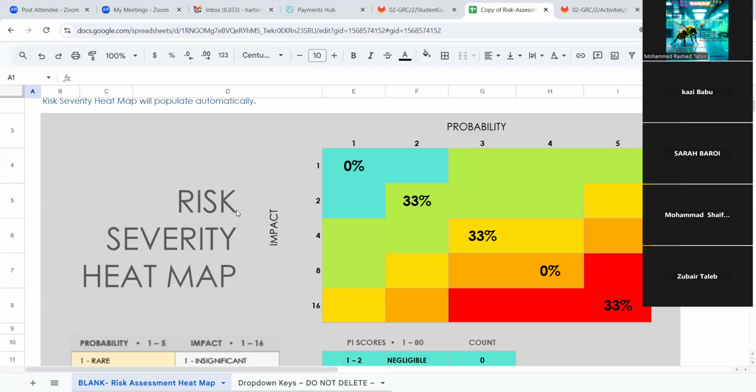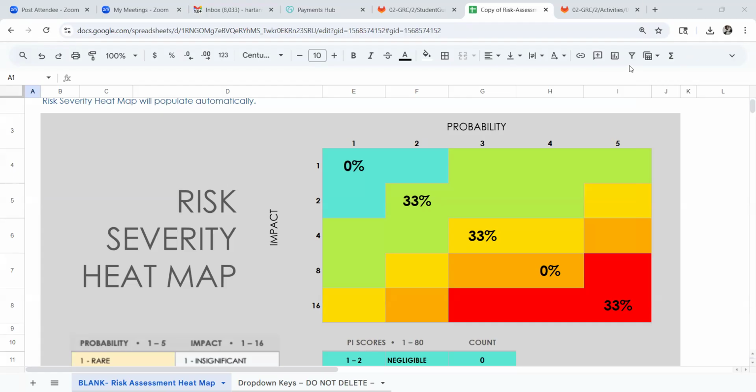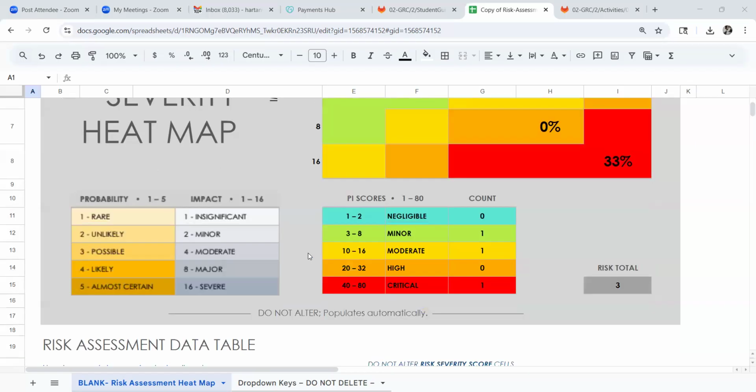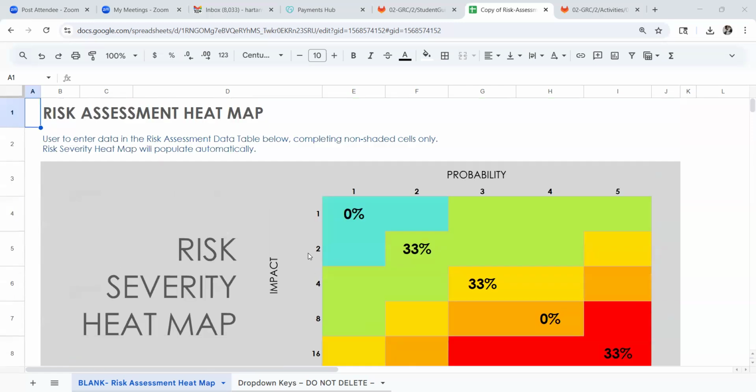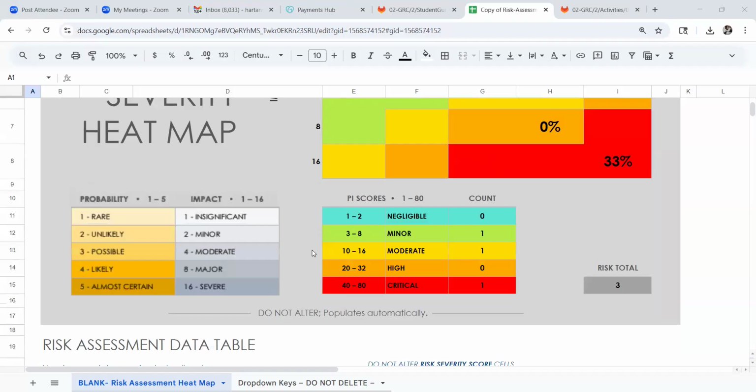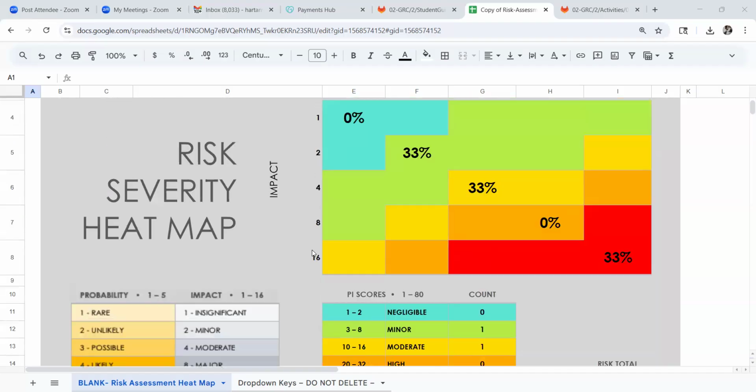So this is called a risk analysis heat map. As a cybersecurity engineer, in your everyday work you use this type of Excel sheet for your company, send it to your company, and you are always trying to figure out the everyday risk heat map.